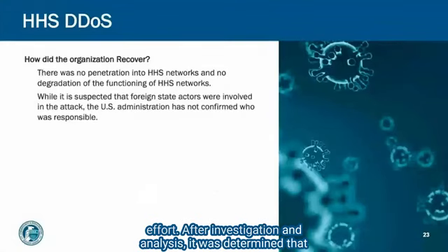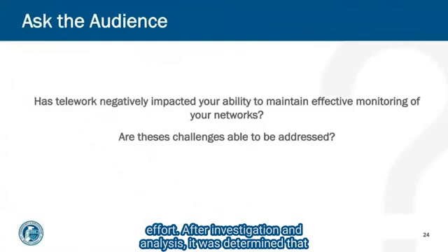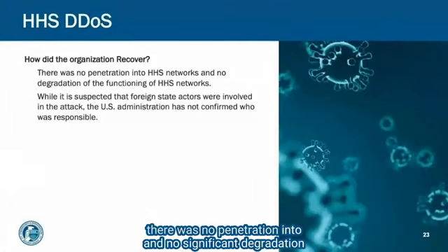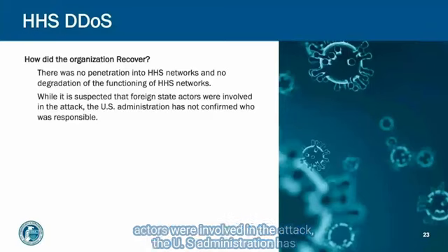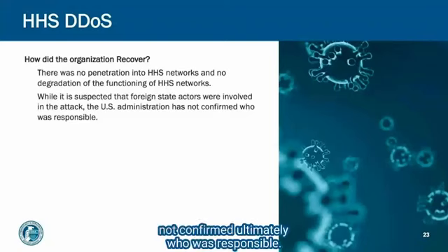After investigation and analysis, it was determined that there was no penetration into and no significant degradation of the HHS network. And while it was suspected that foreign state actors were involved in the attack, the U.S. administration has not confirmed ultimately who was responsible.